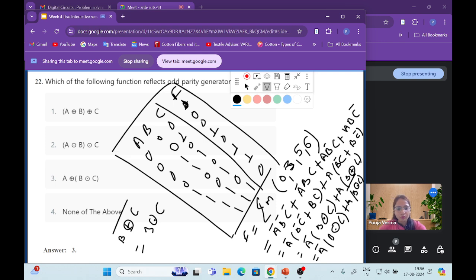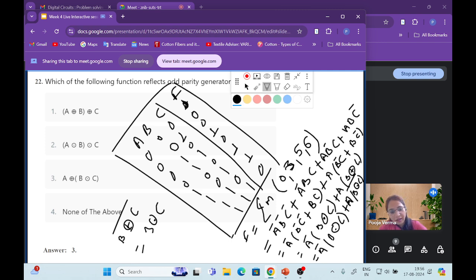So what representation is it? A' X plus A X', that means it is the XOR representation of these two.